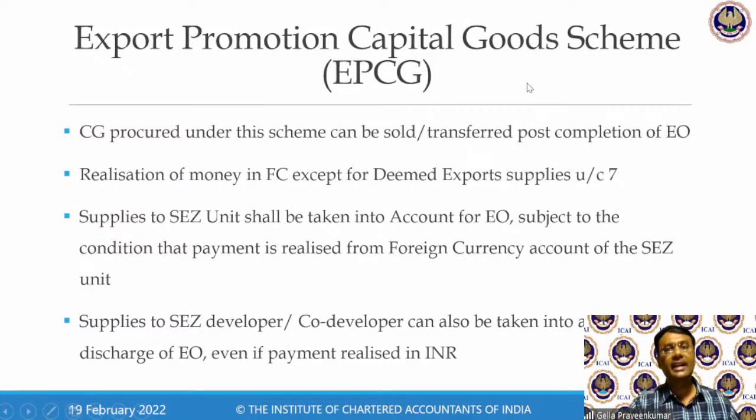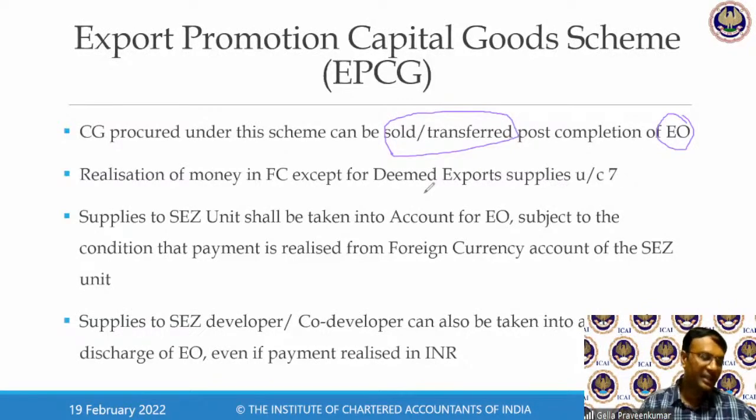Now, when I say actual user condition, government says very clear, look, I have given a norm export obligation. Till this export obligation has not been met, you cannot sell or you cannot transfer. If you recollect, students, fixed assets schedule.